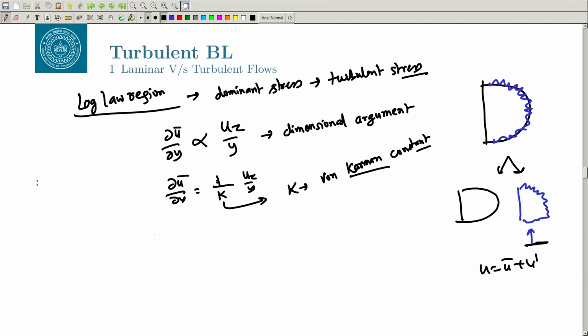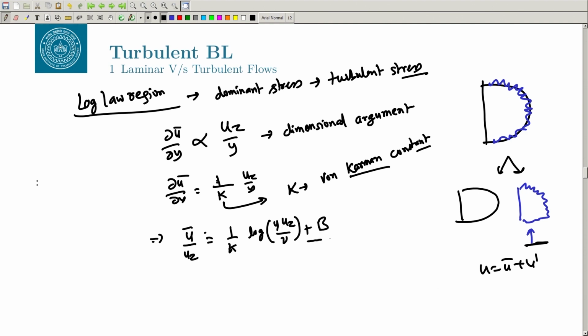Now, you can integrate it using the proportionality constant, and it becomes u bar by u tau equals 1 by kappa log of y u tau by nu, plus b.